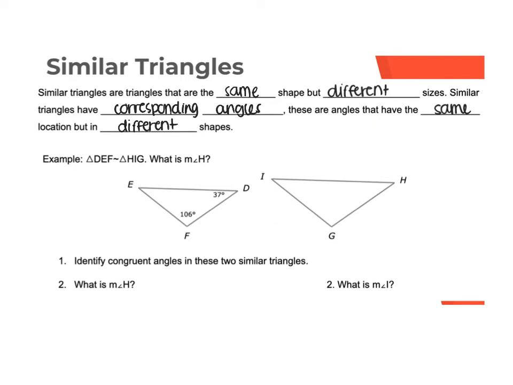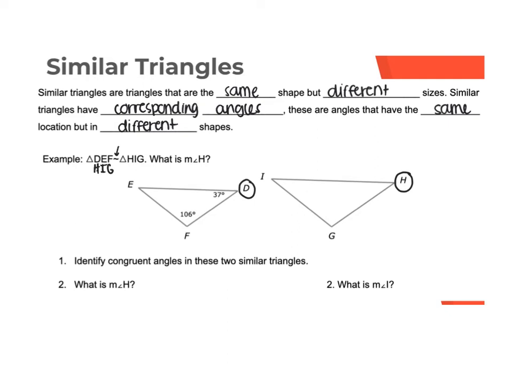Let's look at an example to make this definition make a bit more sense. Our example is that triangle DEF is similar to triangle HIG. So this little symbol means similar to. And we're looking for the measure of H. So what this means is that in triangle DEF, angle D corresponds to angle H. You can also figure this out because if we list the letters under one another, they're in the same location.